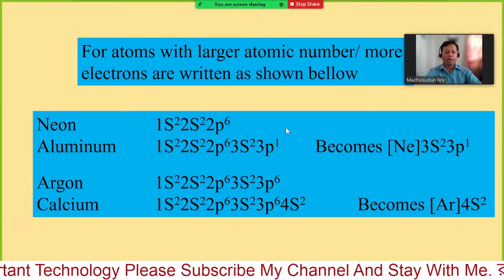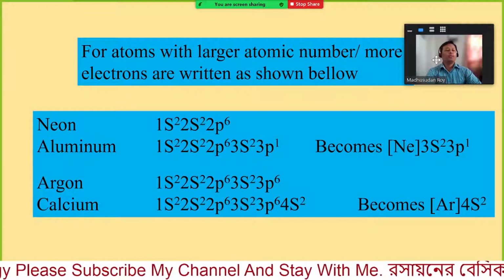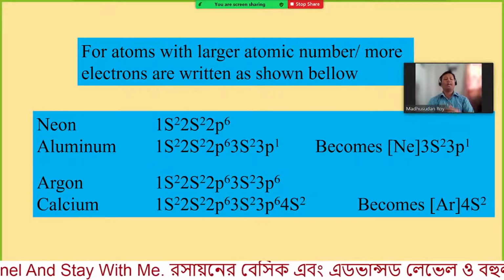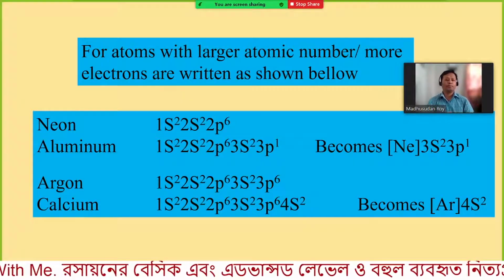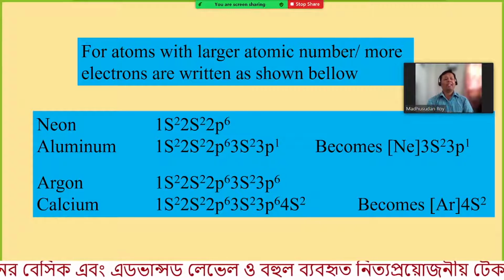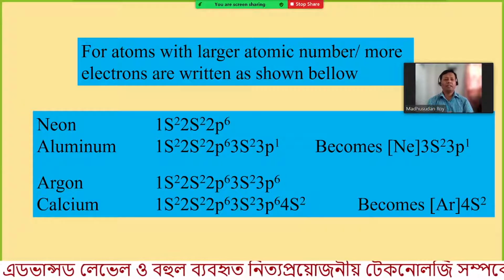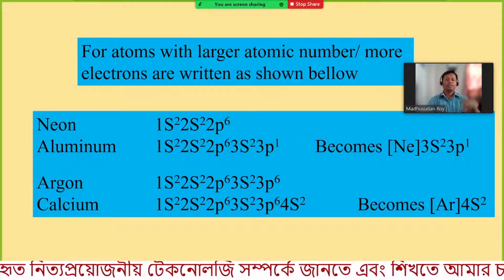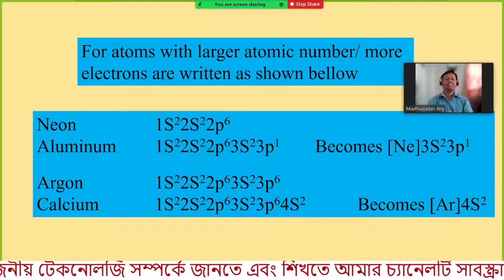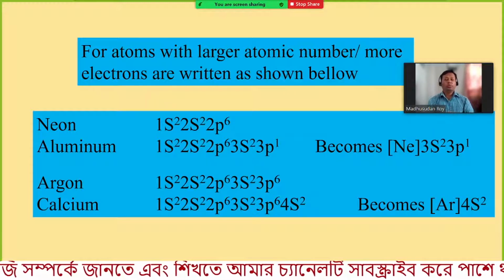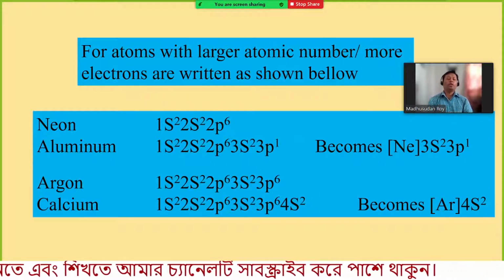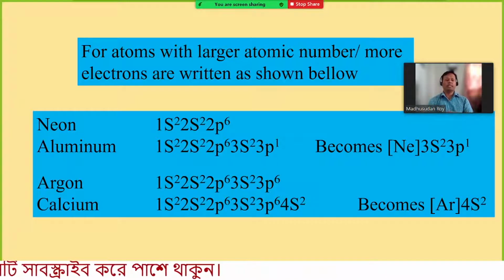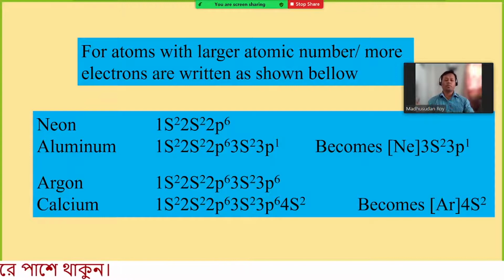For atoms with larger atomic number, if we have an atom with a very large atomic number, what does it mean? It has a lot of electrons, a huge number of electrons in the different shells, the first shell, second shell, third shell, this way. If we want to represent all the electrons by writing 1s2, 2s2, 3s2, like this, or 3p6, this is a very long sequence.